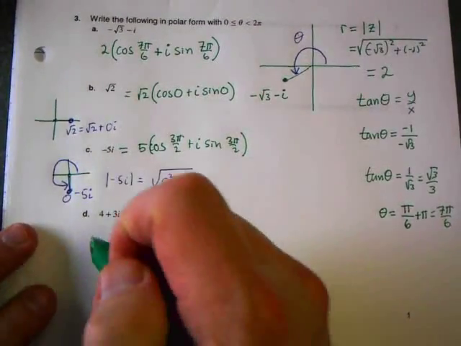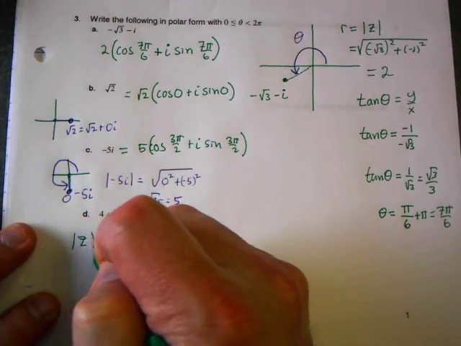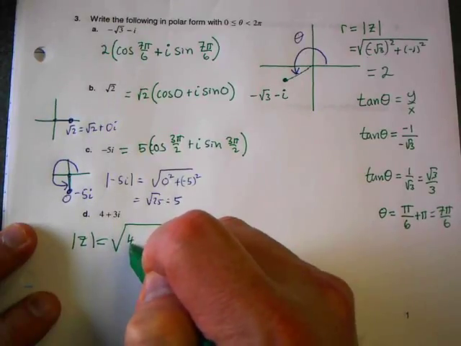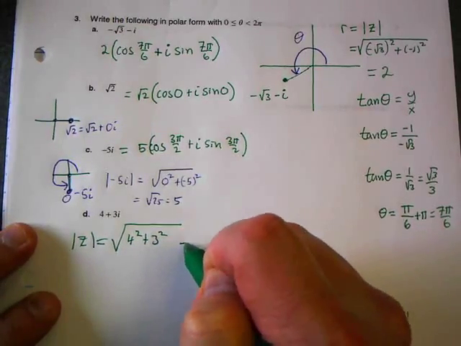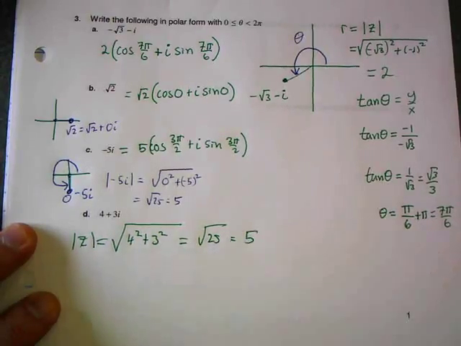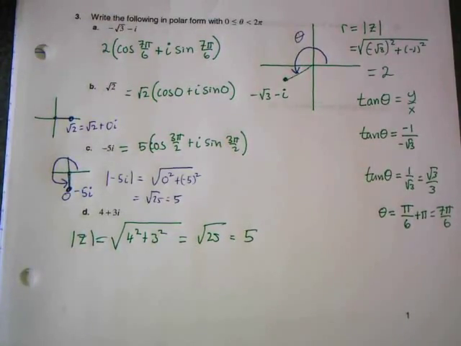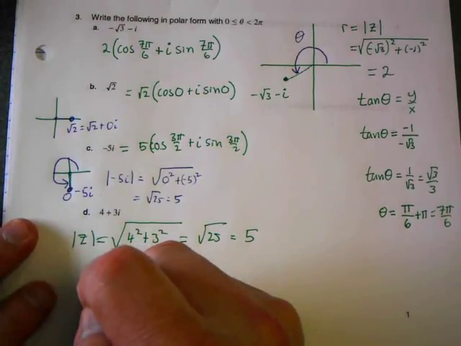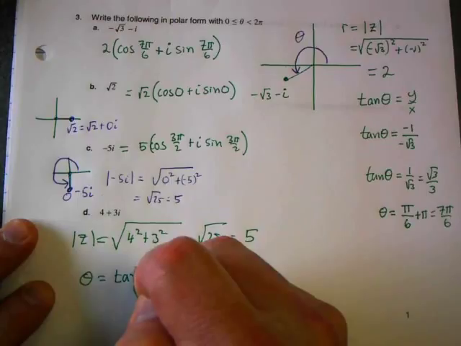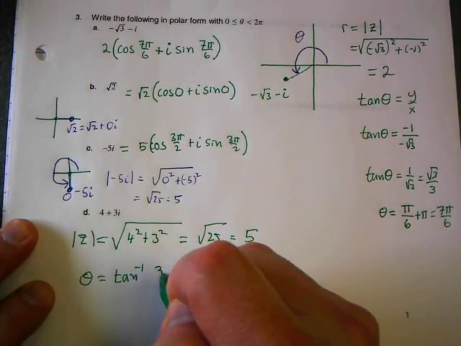So for D, the first thing we have to do is find the length. The length is the square root of 4 squared plus 3 squared, which turns out to be a nice number. Square root of 25. That's 5. That's nice. That doesn't always happen. And then we have to find the angle. So theta is tangent inverse of y over x.